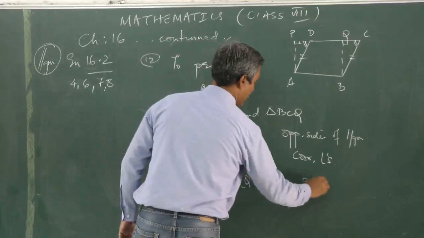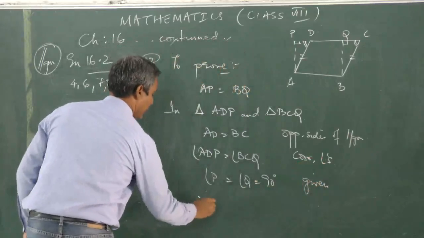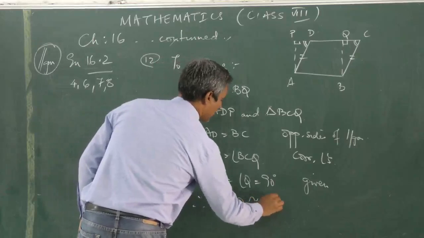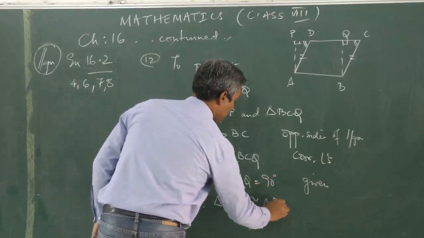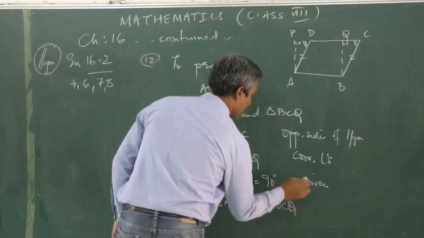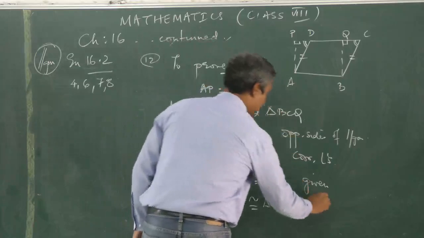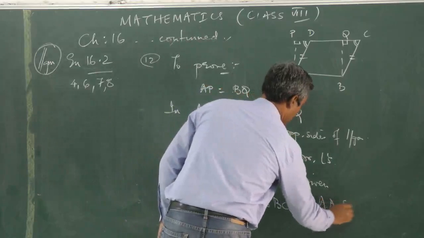Why? Given according to the question. Therefore, triangle ADP is congruent to triangle BCQ. For what reason? Two angles and one side, AAS.